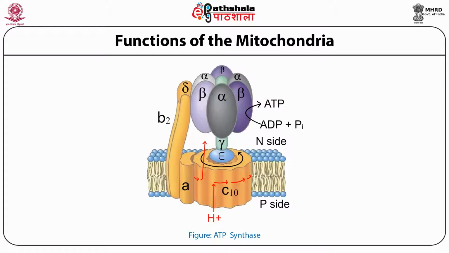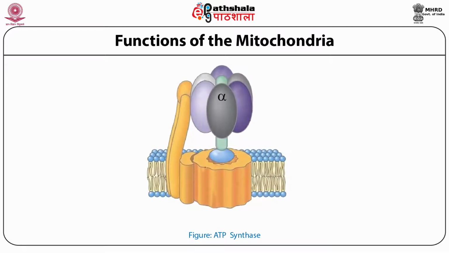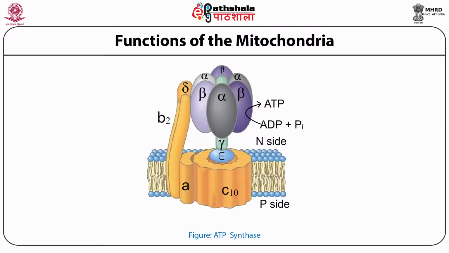It catalyzes the formation of ATP from ADP and inorganic phosphate and is driven by the flow of protons from the P phase, that is facing the intermembrane space, to the N side, which is facing the mitochondrial matrix of the inner membrane.